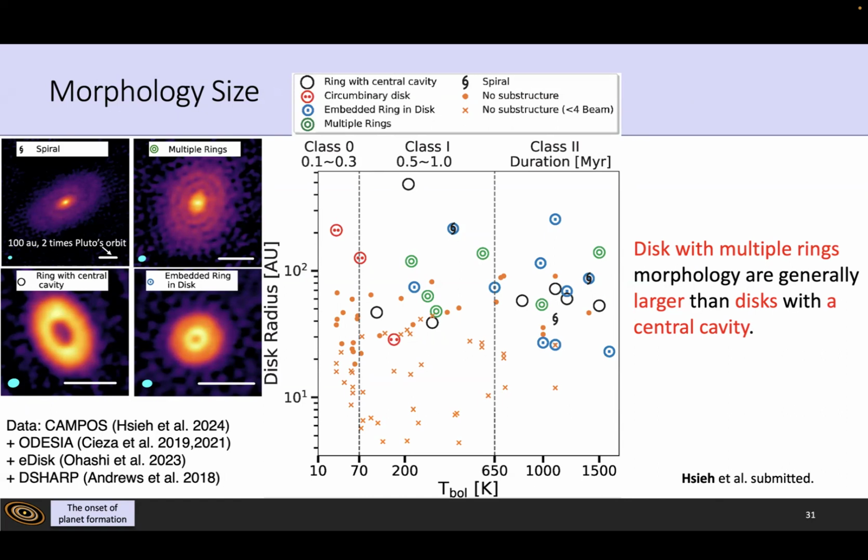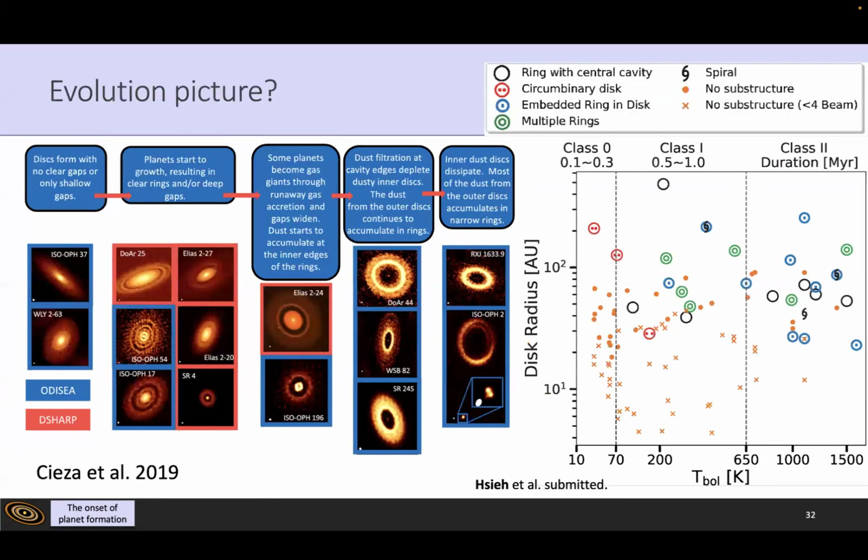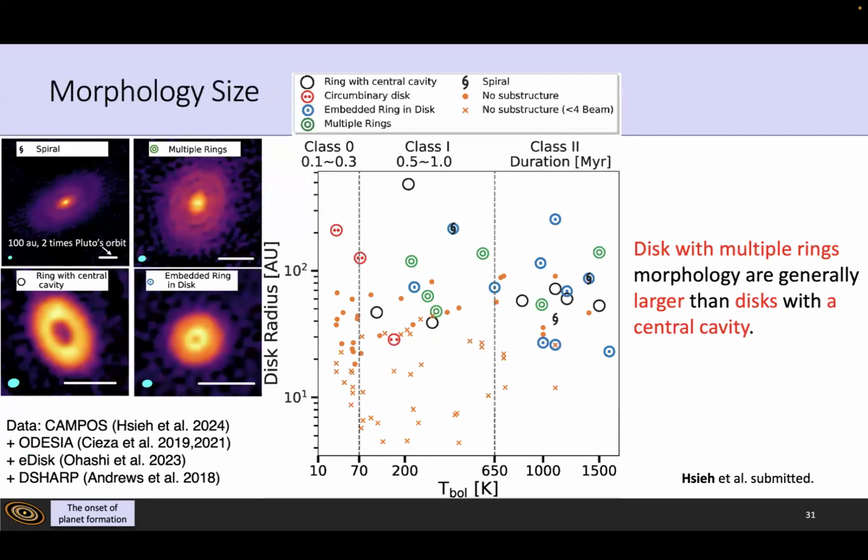So it's possible that instead of a single evolutionary picture proposed by Hsieh et al. 2019, it is more likely that there are many different populations. Different mechanisms can generate substructures. For example, instability can generate substructures, and protoplanets can generate substructures.